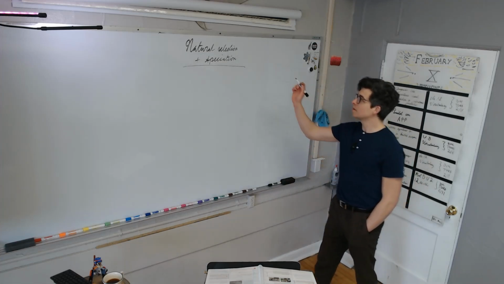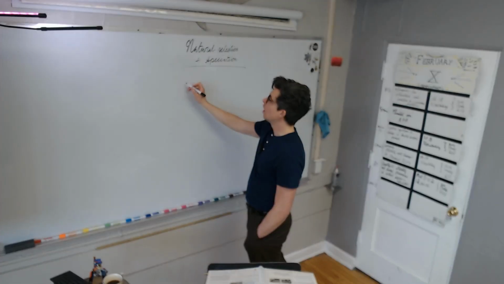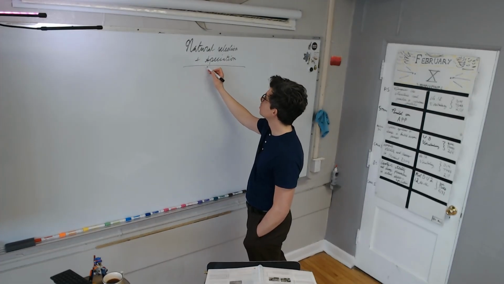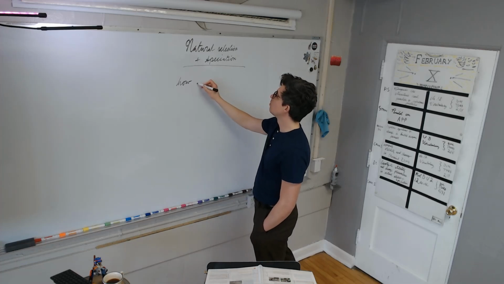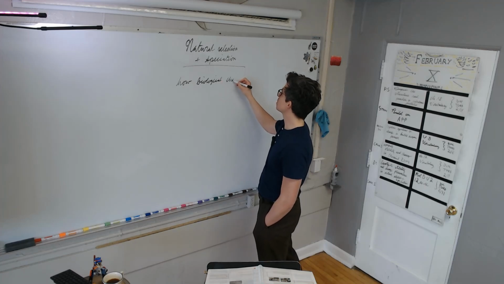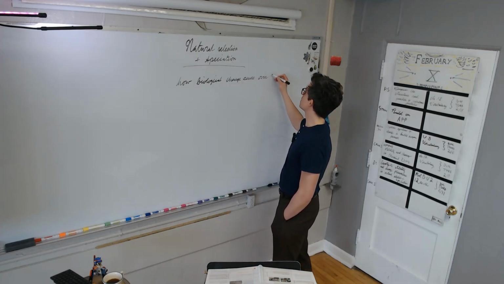So we're talking about natural selection and speciation, and we're talking about how biological change occurs over time.